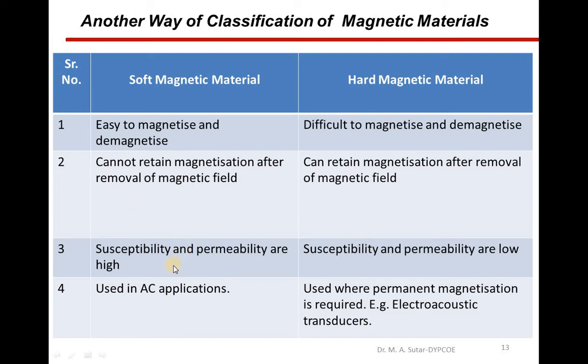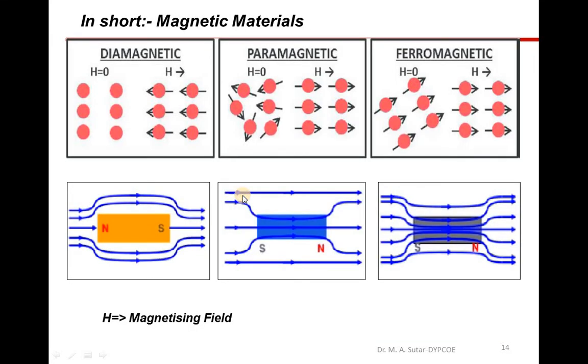Soft magnetic materials are widely used in AC applications like electric trains, etc., and hard magnetic materials are used to produce electroacoustic transducers like speakers and microphones, because there we want the permanent magnetization. In short, this can be the difference among these three materials, which can be shown just by a picture.